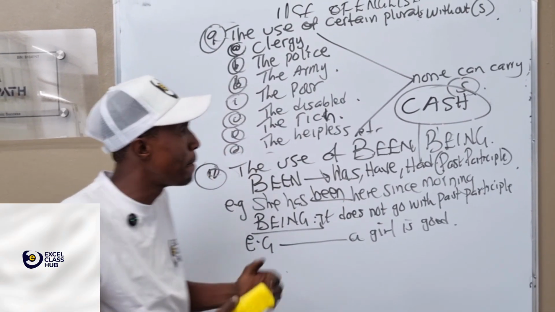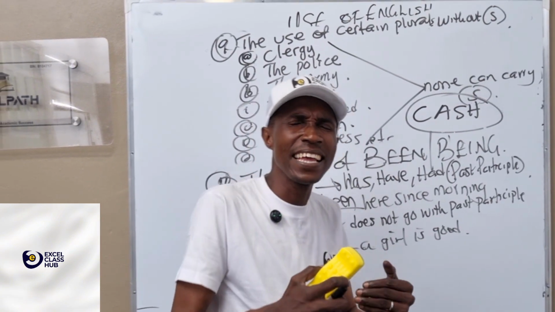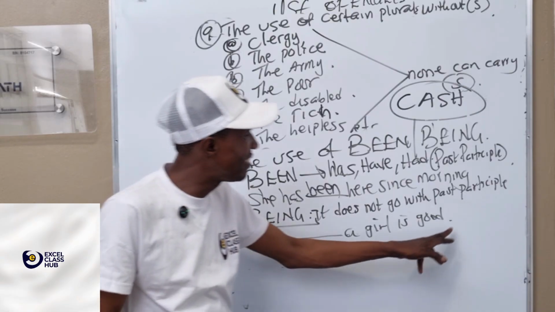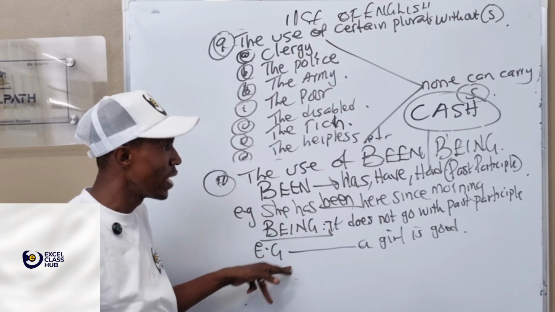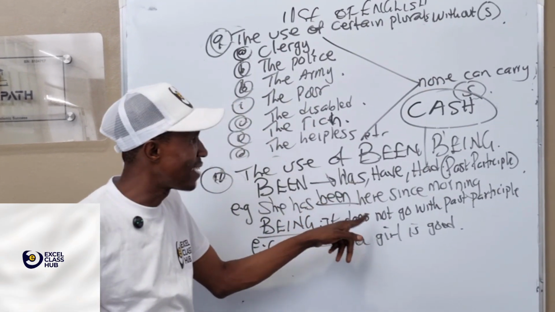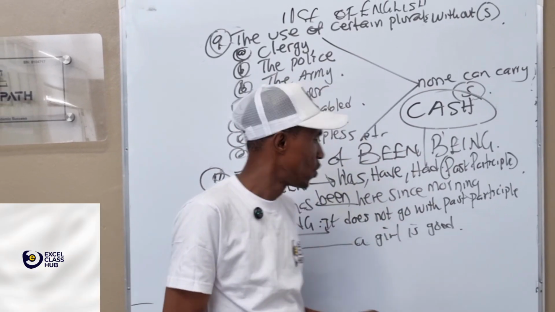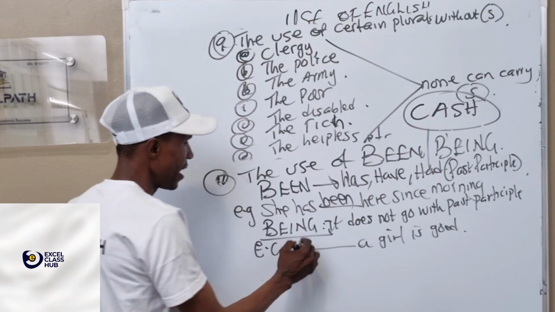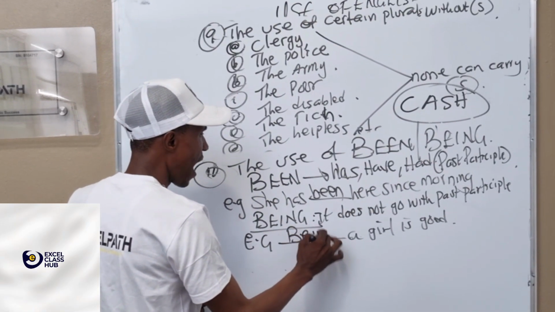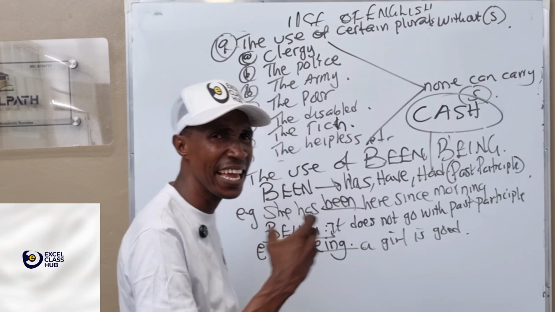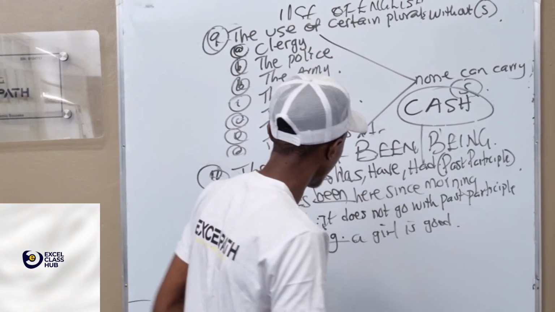You have to use what? B-E-I-N-G. Why? Because in this statement given to you, there is no has, there is no have, and there is no had. So the correct answer here is B-E-I-N-G. Being a girl is good.